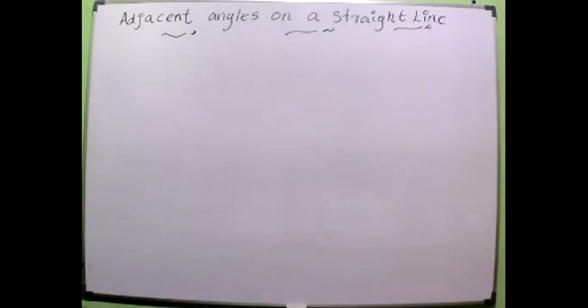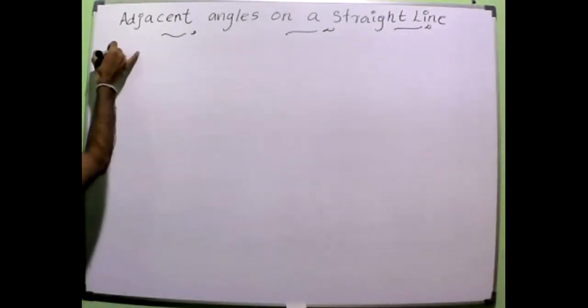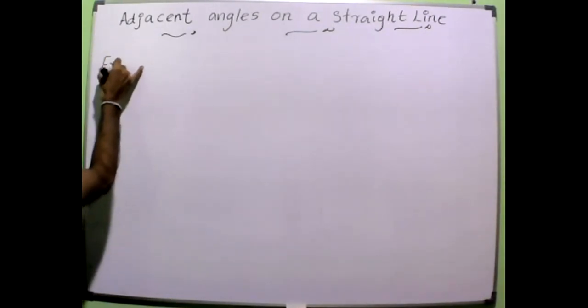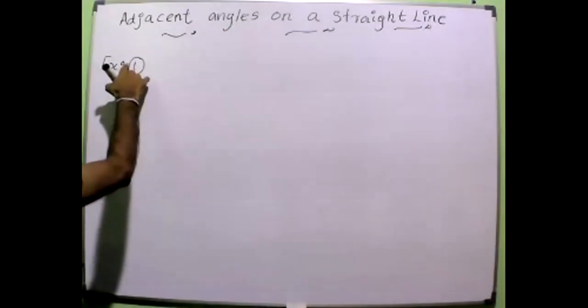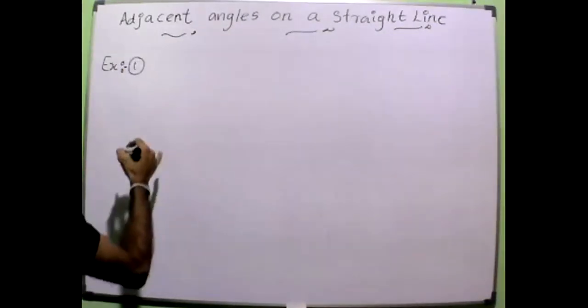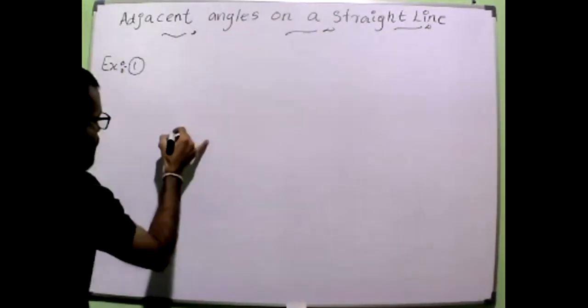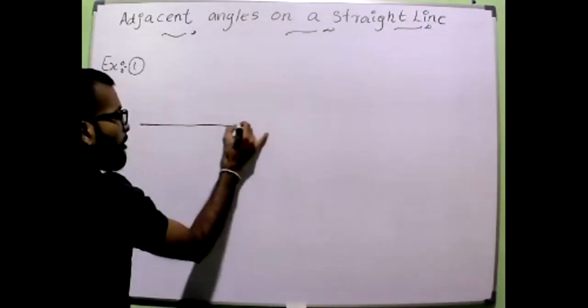Now, first example. Now look at the board. Don't do anything. Example number 1. I am going to draw something like this. This is a straight line.